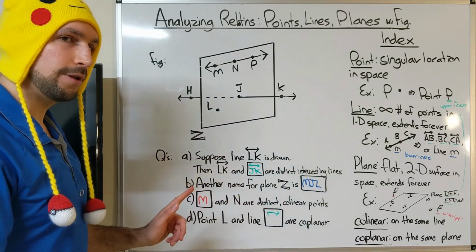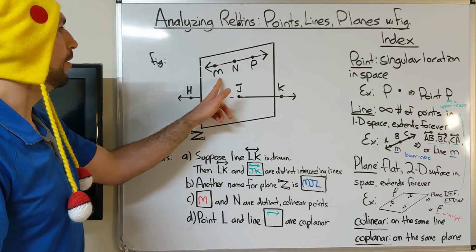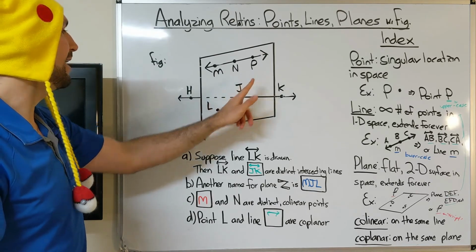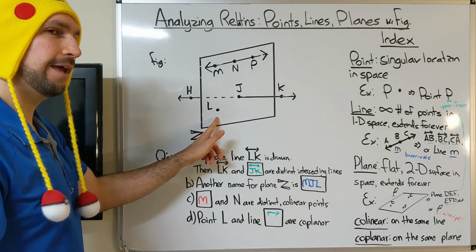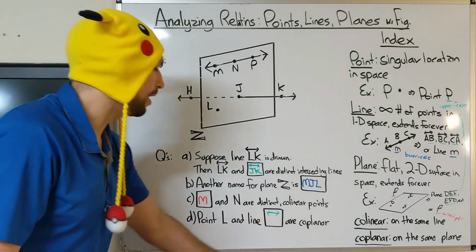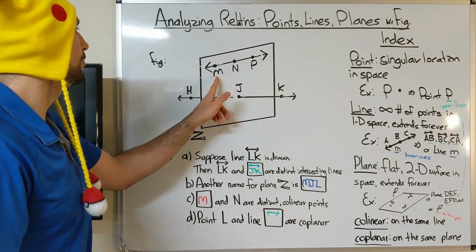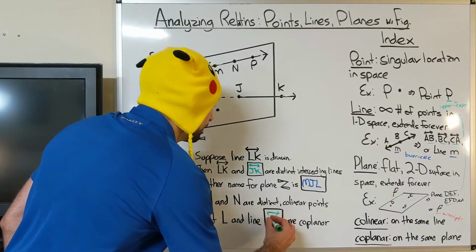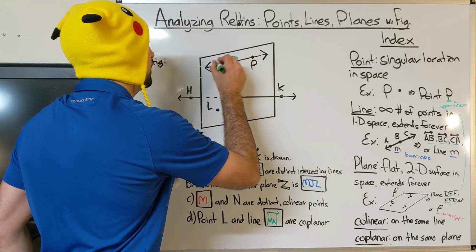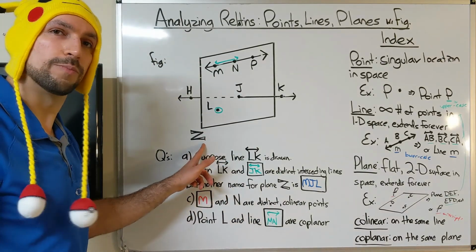However, I do see another line that is on plane Z with L. The line up here, MN or NP or MP, is a line that is coplanar with point L because they're on the same plane. So we're going to name this as a line. We need that line symbol above any of these 2 points. So I'll choose M and N. So line MN is coplanar with point L since they both lie on plane Z.